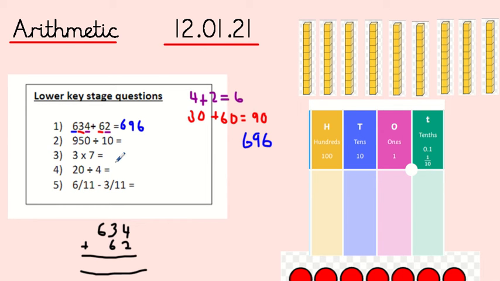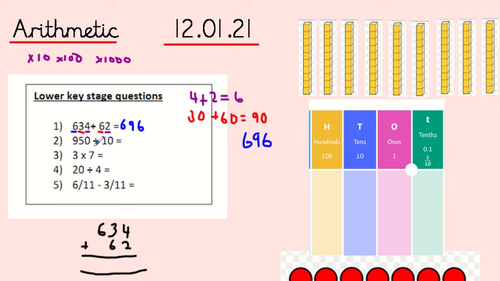950 divided by 10. Now Year 6, you'll remember that if I'm multiplying or timesing by 10, by 100, or by 1,000, I can draw a place value chart to help me.